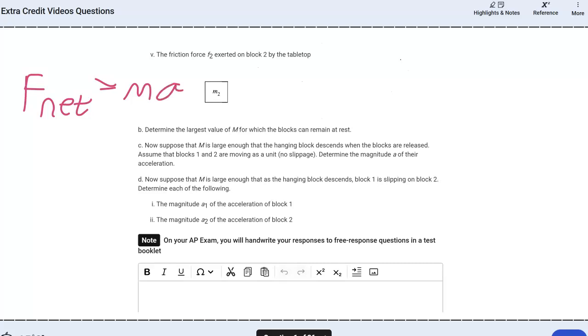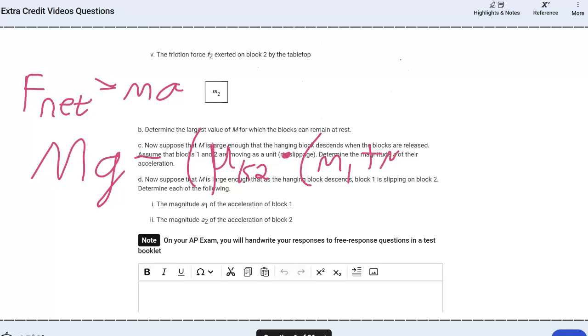What's our net force? Great question. Our net force is going to be weight force of the hanging block minus our frictional force, which is, now it's K2 since it's moving, mu K2 times m1 plus m2 times g.